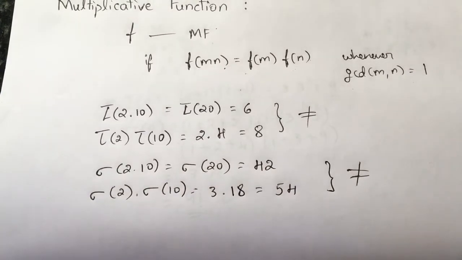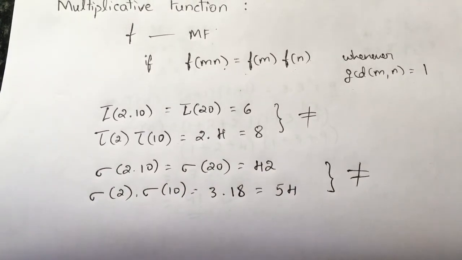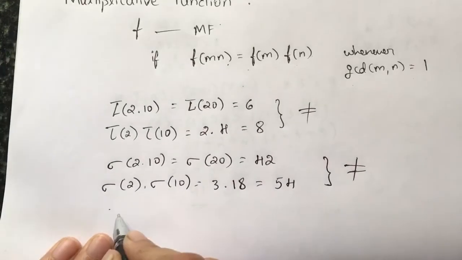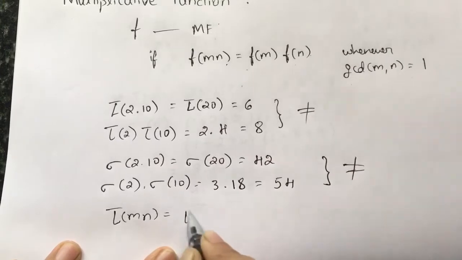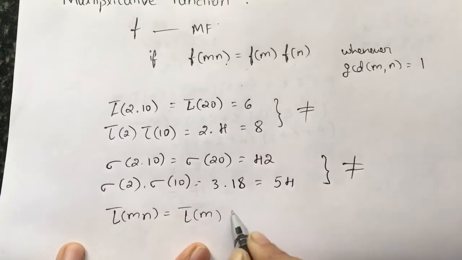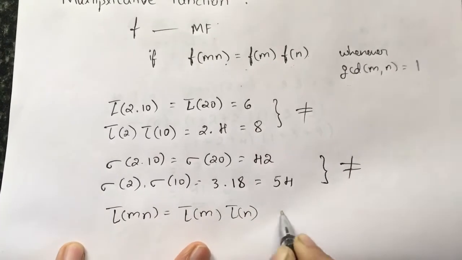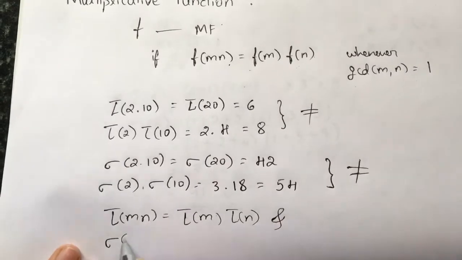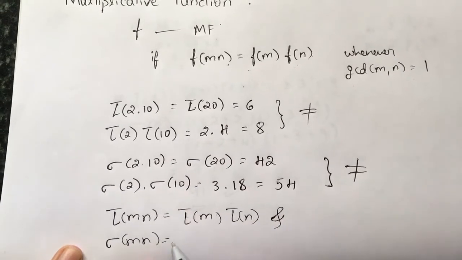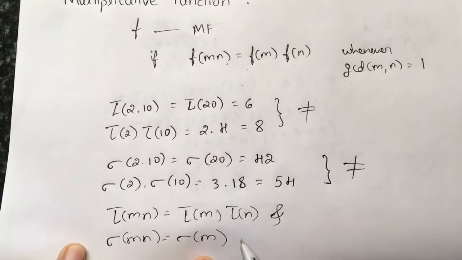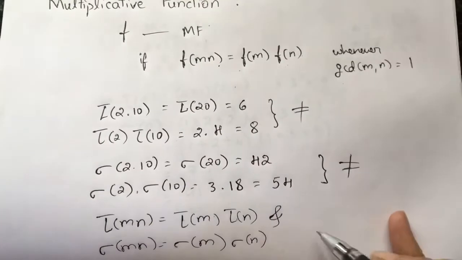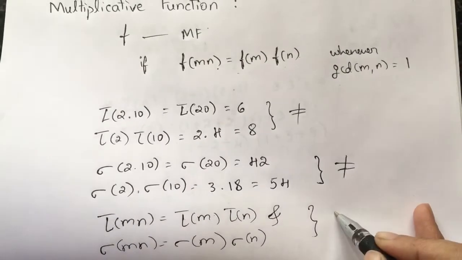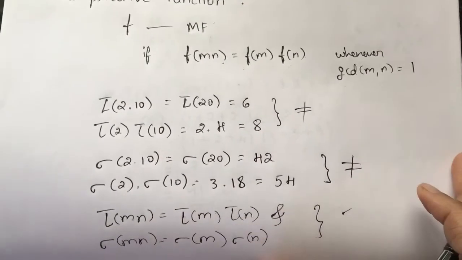So it need not be true that tau of mn is equal to tau of m into tau of n, and sigma of mn is equal to sigma of m into sigma of n. This means it's not necessary that they have to be equal.